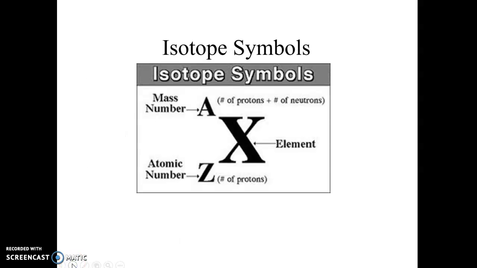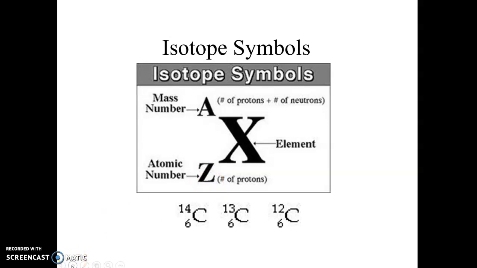We can also show this as a symbol. To do that, we use the symbol of the element as a large letter or pair of letters. On the upper left-hand side, we use the mass number that's given to us in the name. And on the lower left-hand side, we use the atomic number.